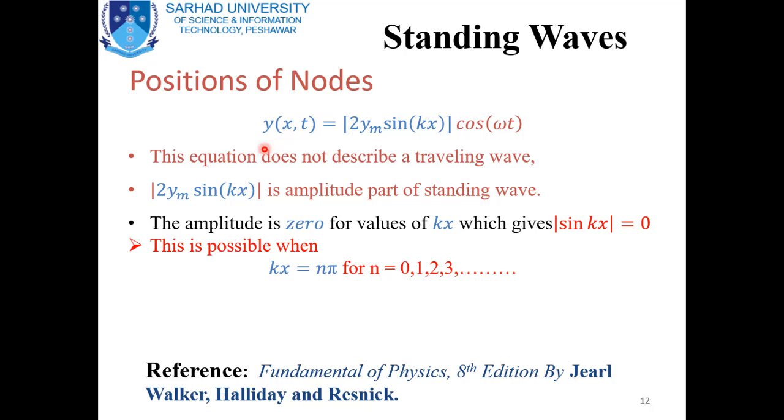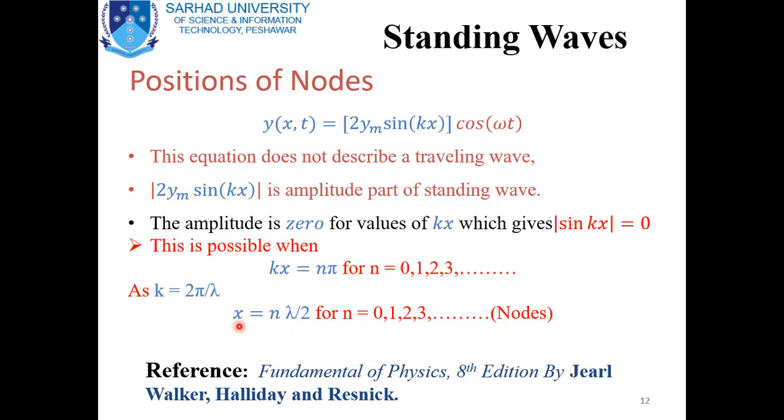We know that k is equal to 2 pi by lambda, which we derived in our previous lecture, so the position of the nodes can be easily found with this expression: x is equal to n lambda divided by 2, where n takes values like 0, 1, 2, 3 and so on.